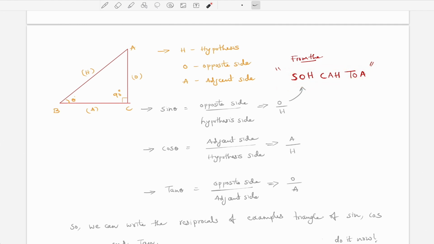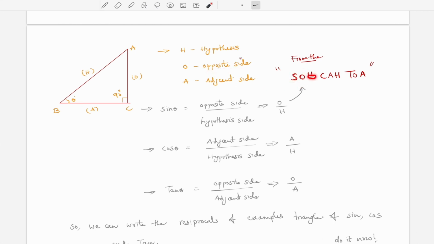So what is the sine? I'm going to find the value of sine theta here. The sine theta is the opposite side by the hypotenuse, so O by H. What is O? The opposite side.